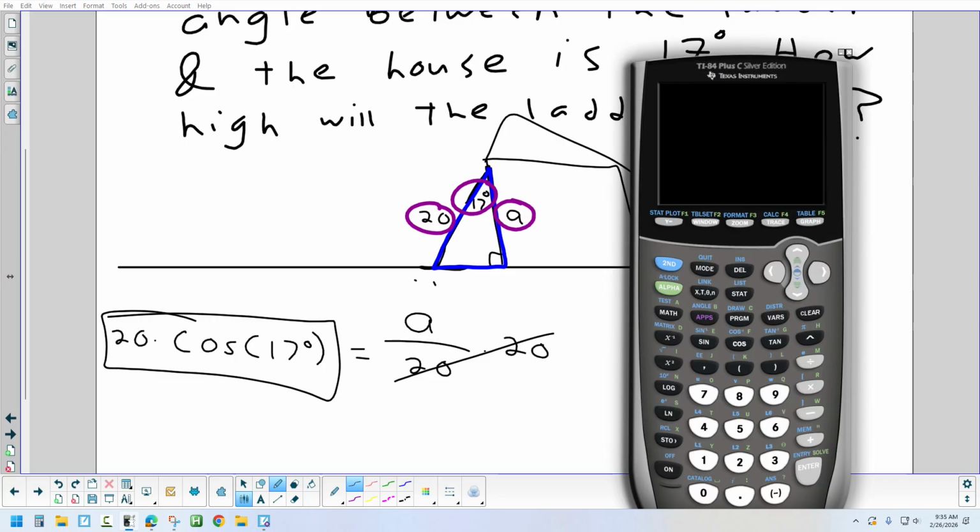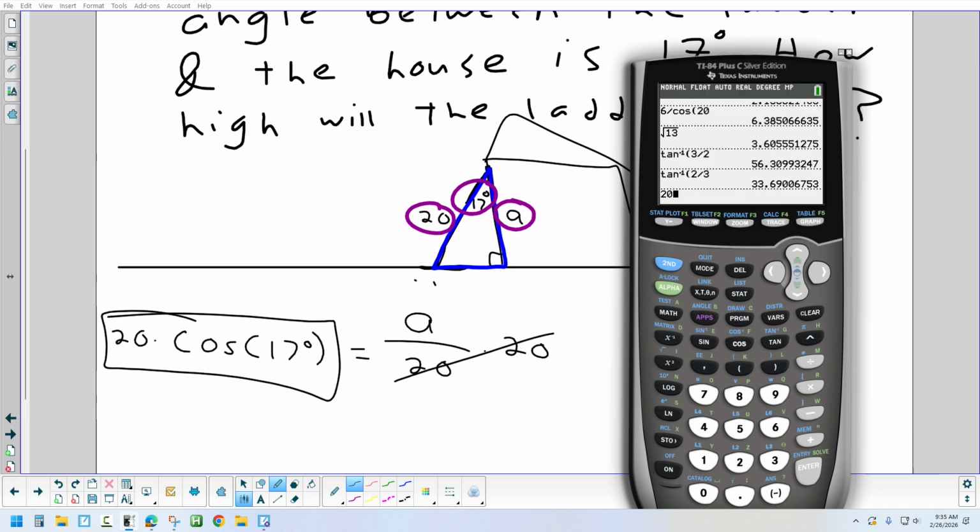Now the ladder was 20 feet. If you put a ladder on an angle, that means it can't reach as high. So it's got to be less than 20 feet. Right? Maybe it's like 18 or 19 feet. 20 cosine 17. So it's 19.13 feet.